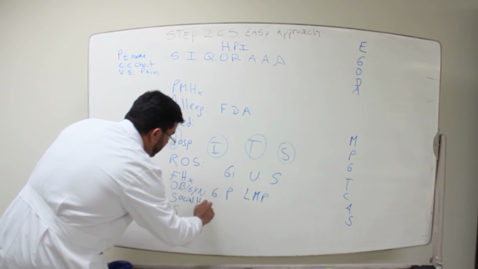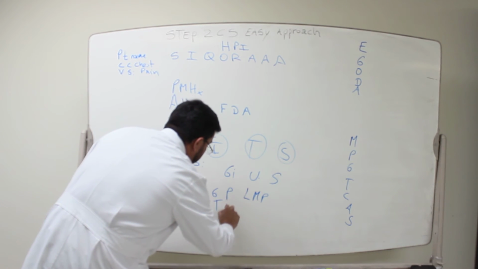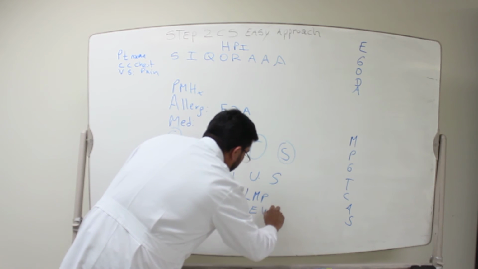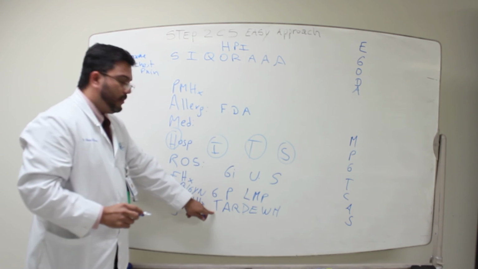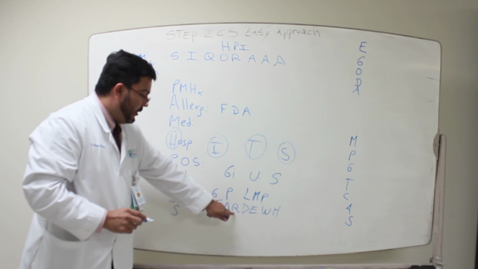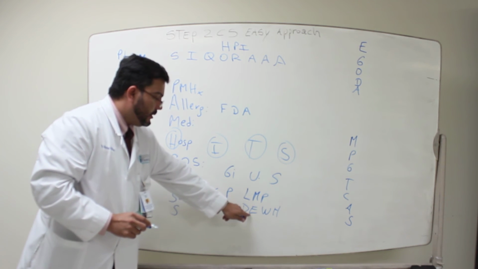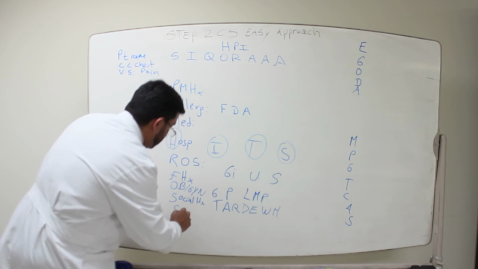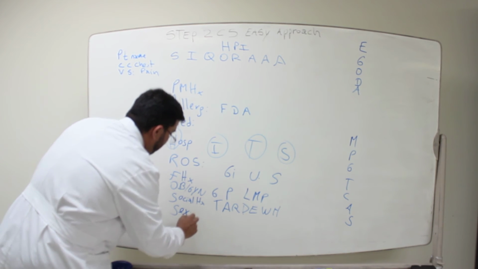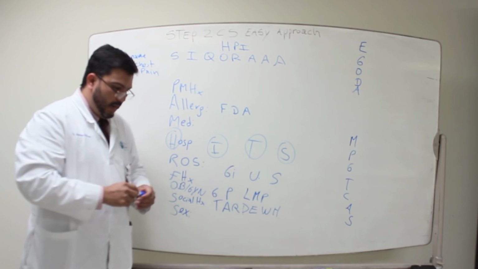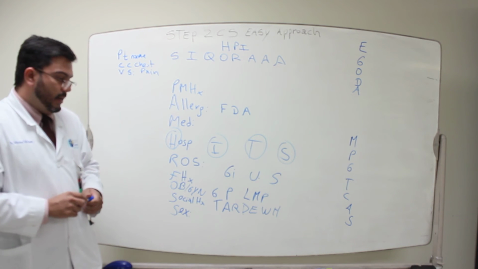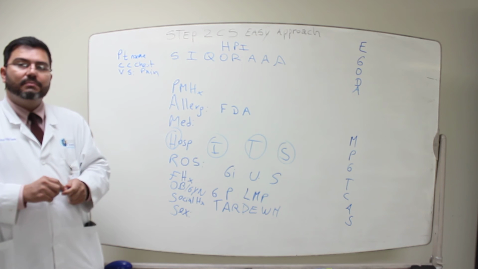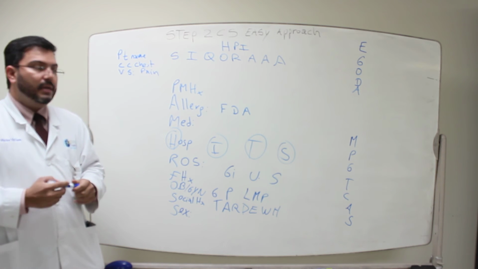The one that I like is this mnemonic: tobacco use, alcohol use, recreational drugs, diet, exercise, work, and who the patient lives with. And this is about sexual history. You can ask if the patient is sexually active and how many partners the patient has, if you suspect any sexually transmitted disease.